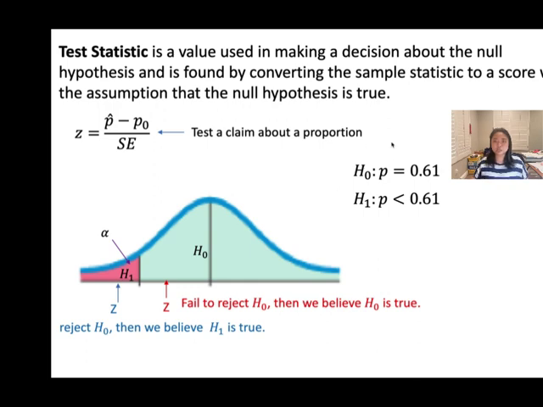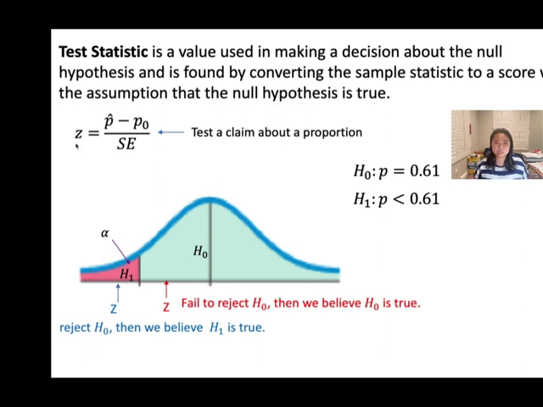First, we state the claim. Then for the alternate hypothesis, we decide whether it's going to be left tail, right tail, or two tail. If this is the left tail test, the area of the left tail will be equal to your significance level. Then we prepare the experiment, collect the data, and use the formula to find the test statistic.